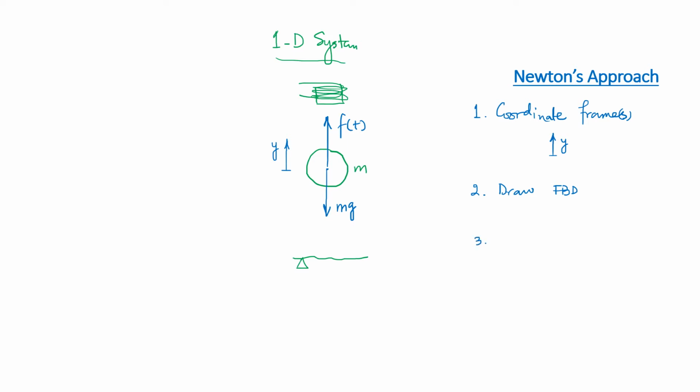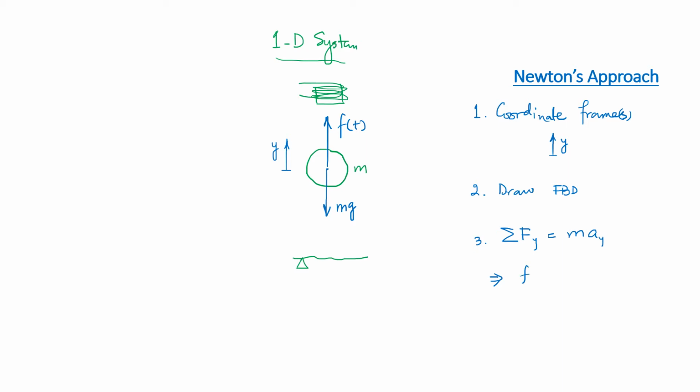Step number 3 is to use the Newton's approach or the formula, which in this particular case would be a very simple straightforward formula which says that the summation of forces along the selected coordinate frame, which is y-axis, to be equal to mass times the acceleration along y direction. So in that case, you can simply use the free body diagram and you can sum everything up.